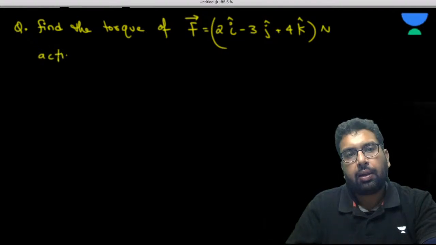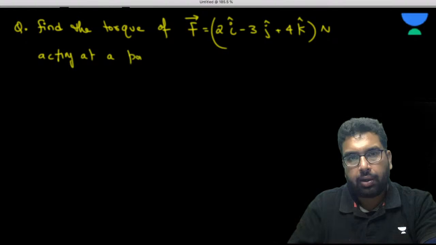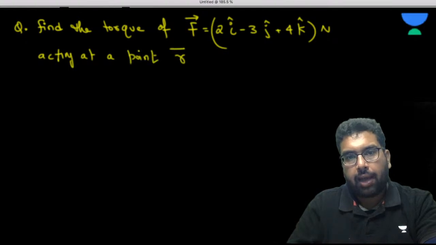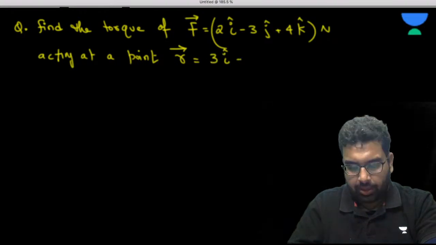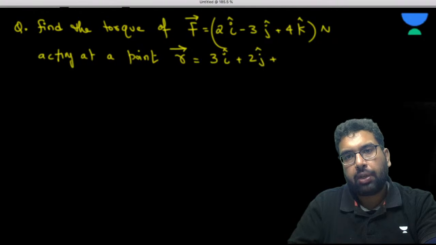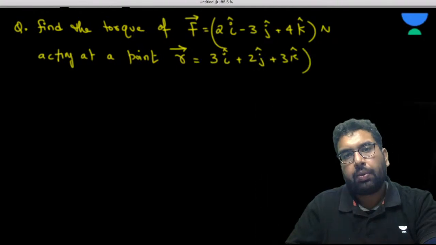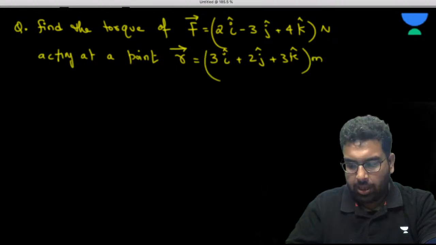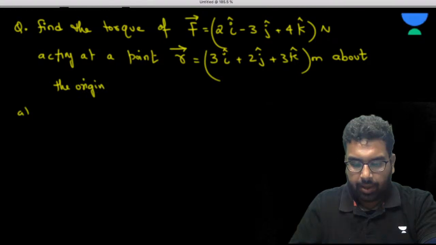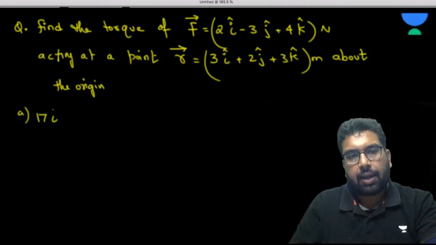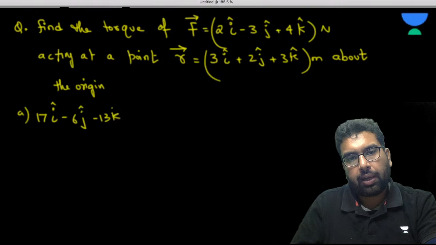acting at a point r cap, 3i cap plus 2j cap plus 3k cap, and the unit is meter. Okay, about the origin. So options are: A, 17 i cap minus 6 of j cap minus 13 of k cap.